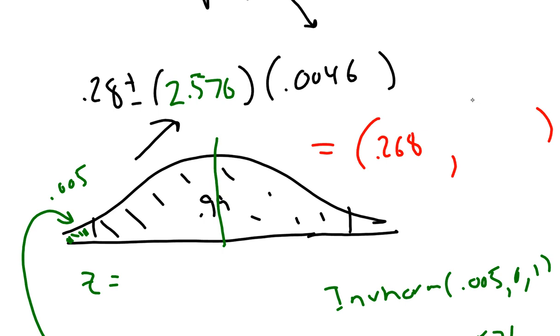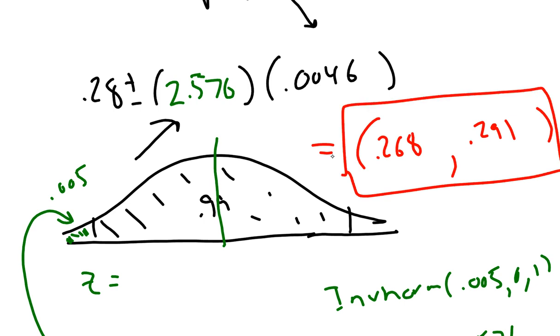And then for an upper bound, we end up getting 0.291. So what's the interpretation of this? We are 99% confident that the true proportion of all 12th grade students who would get this question correct is somewhere between 0.268 and 0.291. Okay, so that's part A.